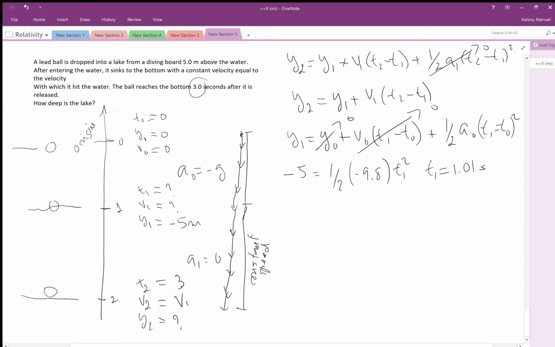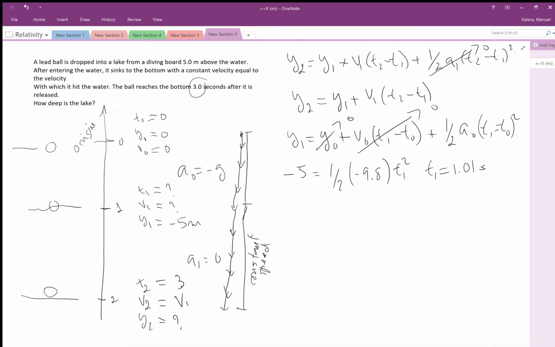So t2 is 3 seconds. I knew t2 from the beginning, sorry about that. So now I can use this equation here, because I can find v1. I know t2, I know y1.